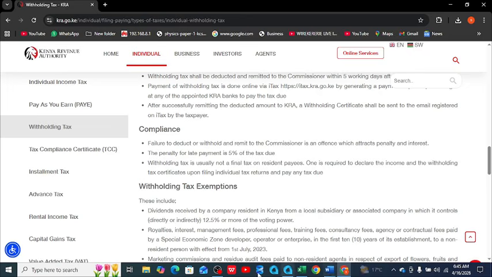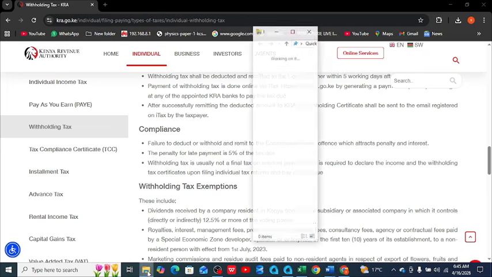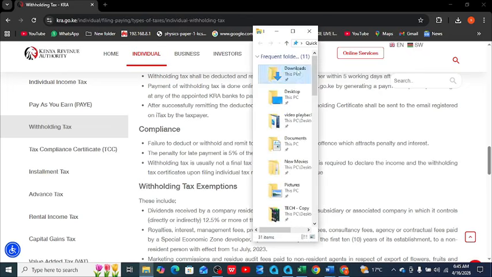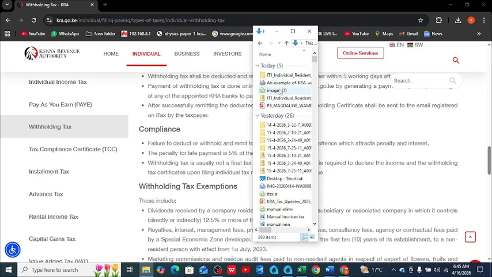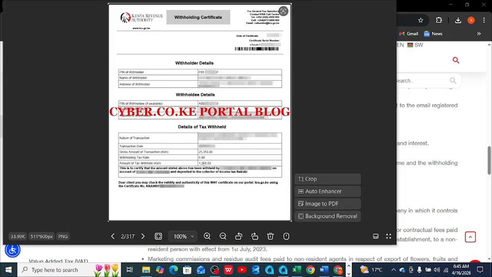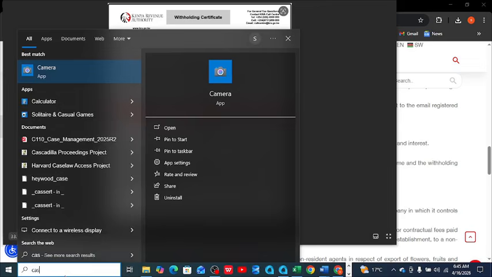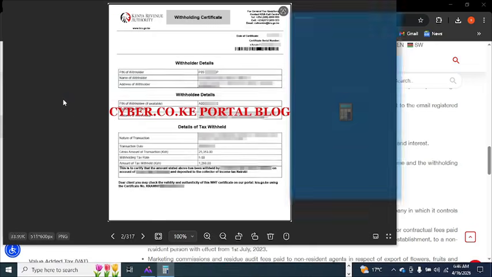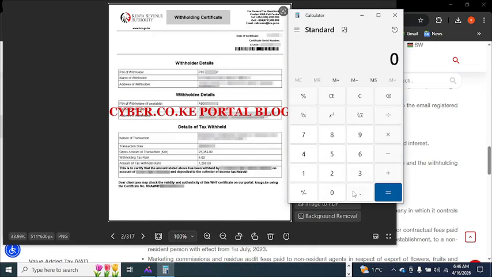So I can get here into my browser and show you an example of a withholding tax certificate to make it more practical. So there is a withholding tax certificate here. The amount which will be subjected to penalties is 5% of this amount, so we can take my calculator and take 5% of this amount and see, if this individual was given a penalty, which amount will they pay?